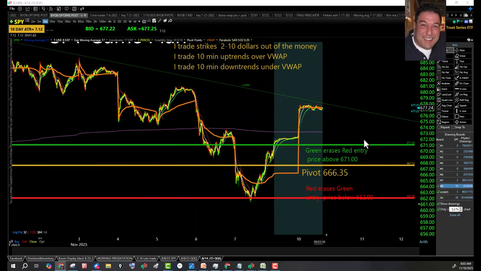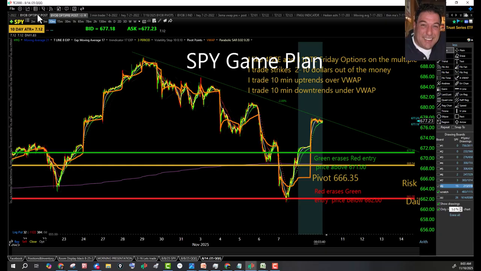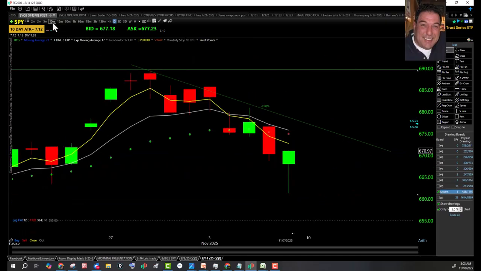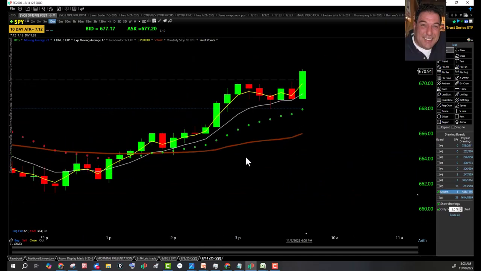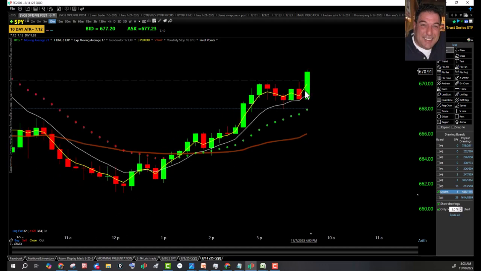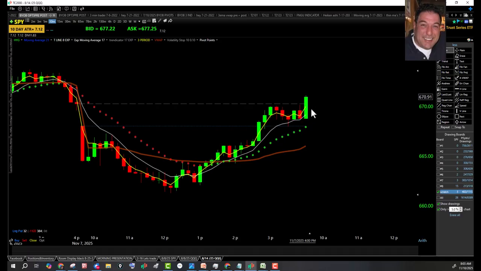For SPY, let's take a look at the 10-minute chart from Friday's perspective. Obviously, 10-minute uptrend coming into the close, rallying up over VWAP, closing at the high of the day.